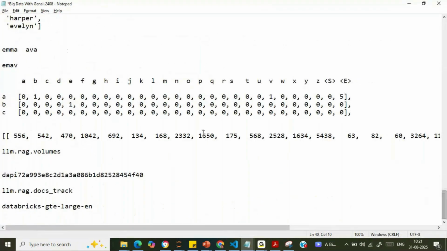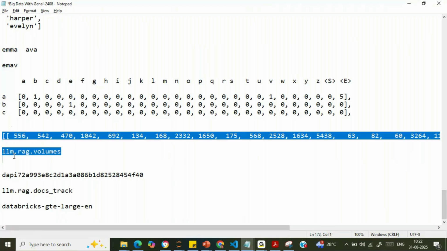Over here, say A is having zero count after B. If I'm giving A, then A will come 556 times. If I'm giving A, B is coming 542 times. If I'm providing A, C is coming 470 times.